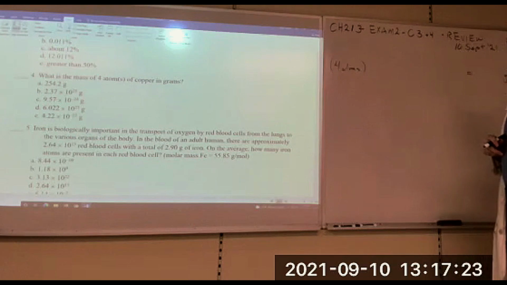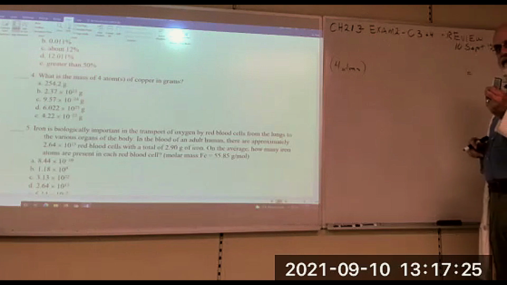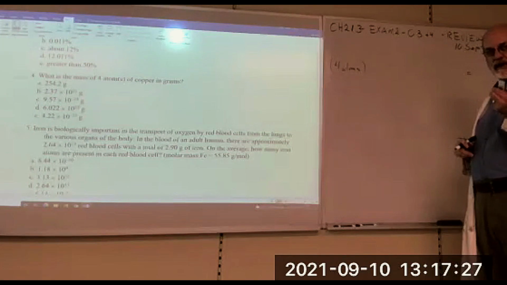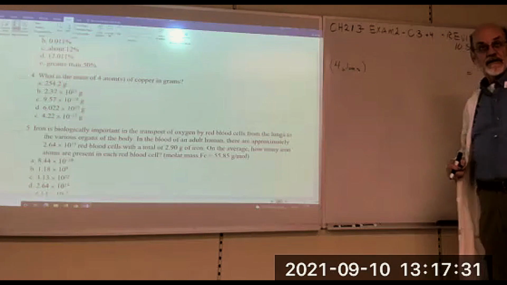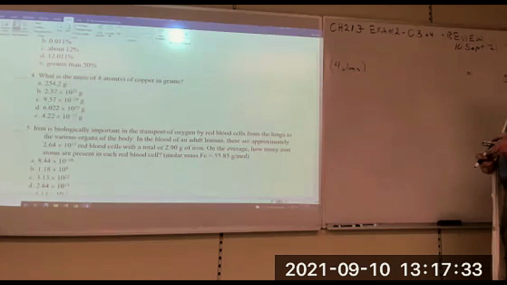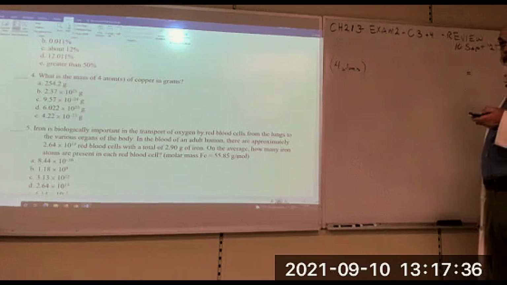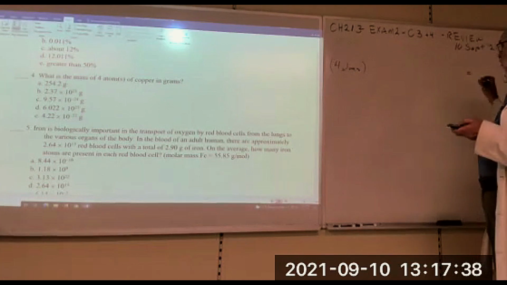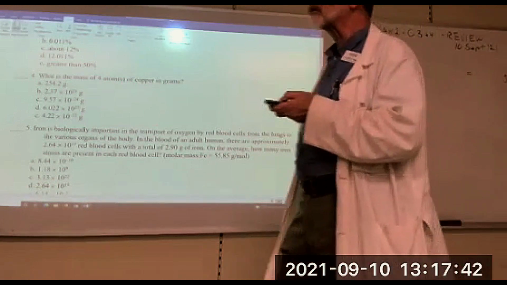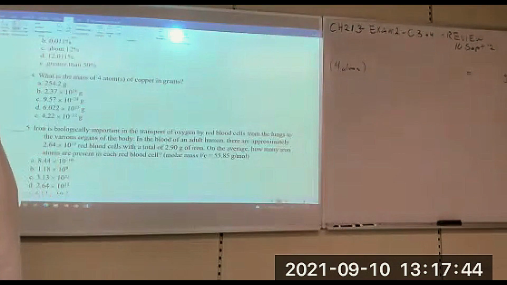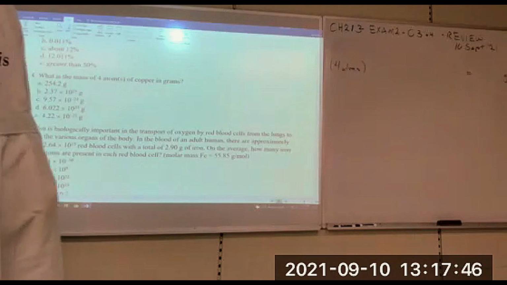What value is assigned to elements that relates grams in any form or fashion? The atomic mass, yes. So we're going to have to use one of these values in here, right, for, what is it? Copper. Okay, so copper is what? 63.55 rounded off.